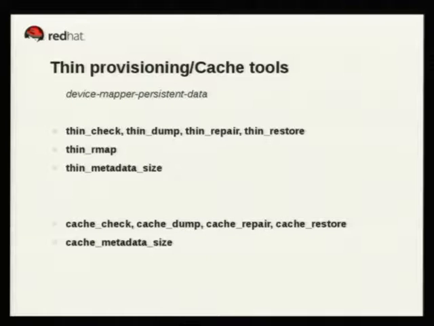I mentioned that there are some tools you need to install on your machine. In Fedora and RHEL, it's the device-mapper-persistent-data package. In other distributions it's something different, but you need to have thin_check, thin_dump, thin_repair, thin_restore for thin work, and similar tools now exist for caching.